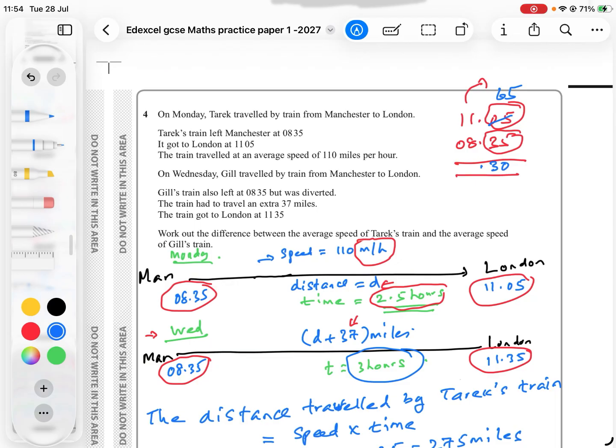Now if you borrow 1, the 11 becomes 10. 10 take away 8 is 2. So 2 hours and 30 minutes means 2.5 hours. So the time taken by Tariq's train to travel from Manchester to London is 2.5 hours.